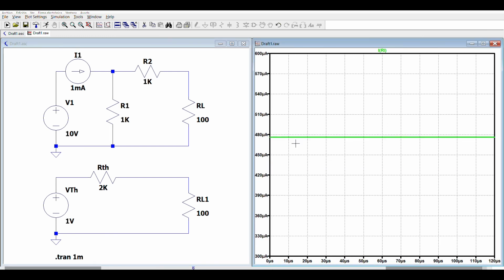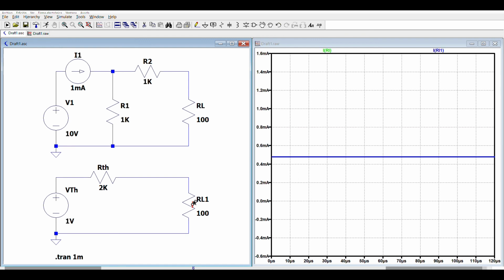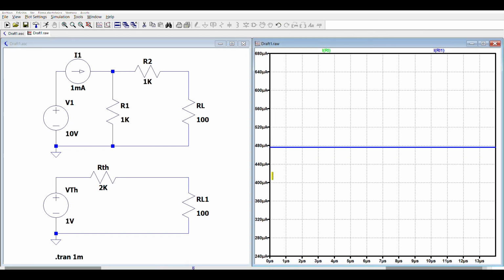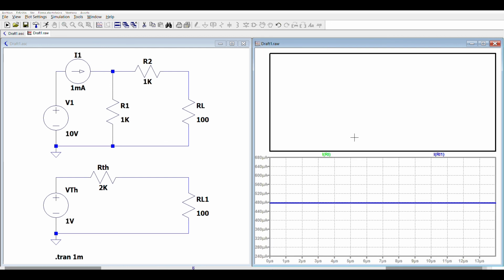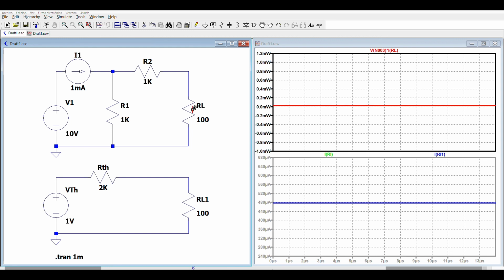If we check the current through the load resistor in the Thevenin's equivalent, we will see that both lines are superimposed. One is over the other. We can also put other signals, but an important thing that we have to check is the power handled by this resistor.